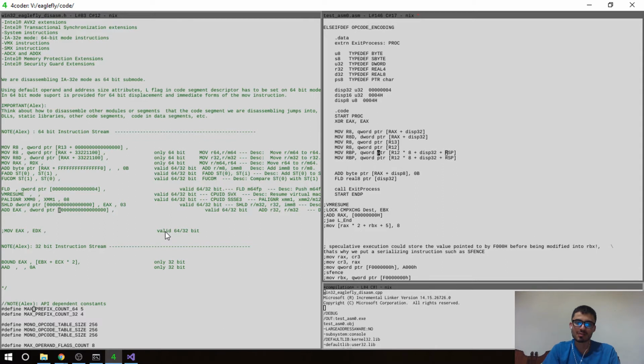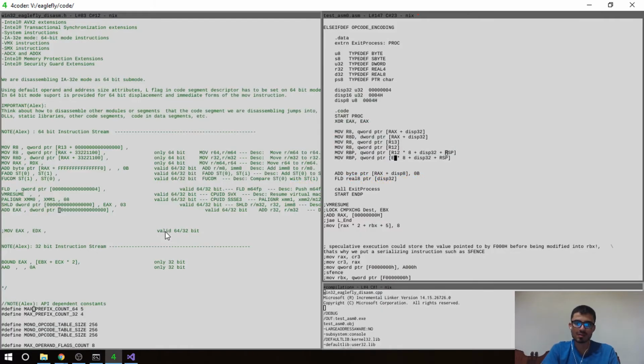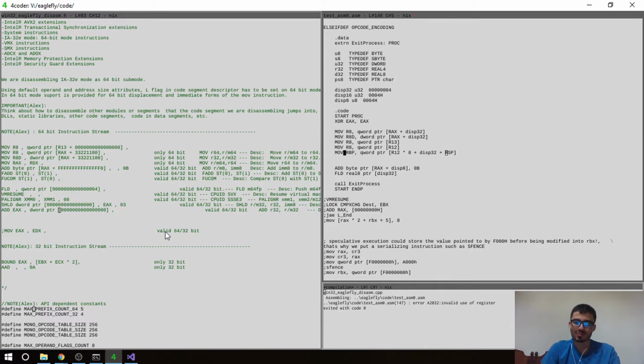If we say here that we have the same thing, but instead of R12 we pass ESP, if we pass ESP times 8, which is not possible, this is not encodable, but R12 is possible. I was just thinking, well, ESP is not possible, but R12 is possible.